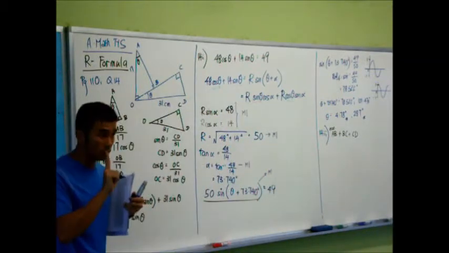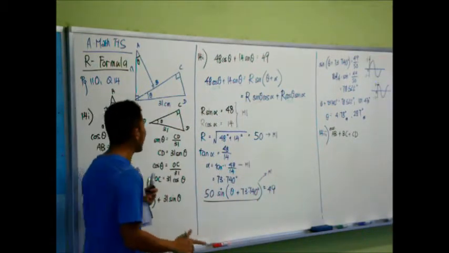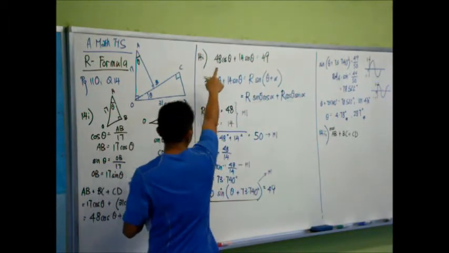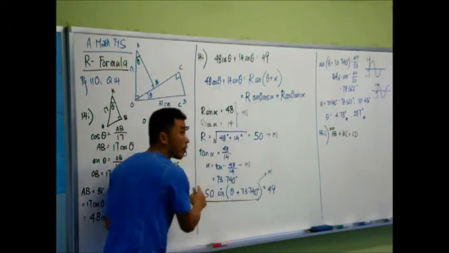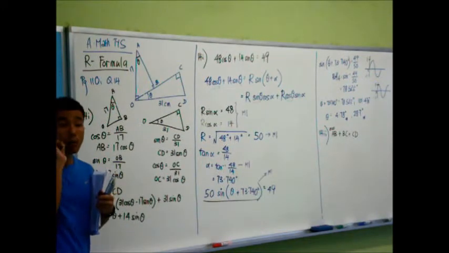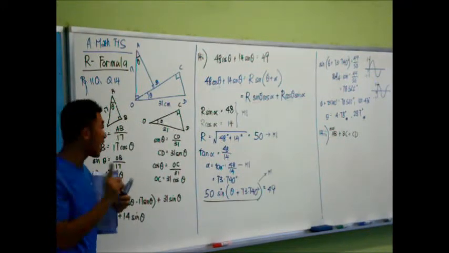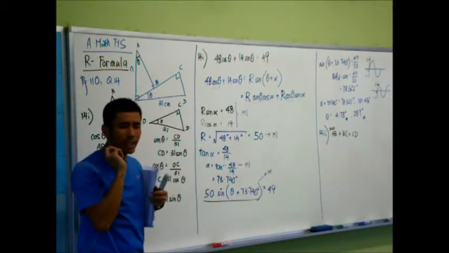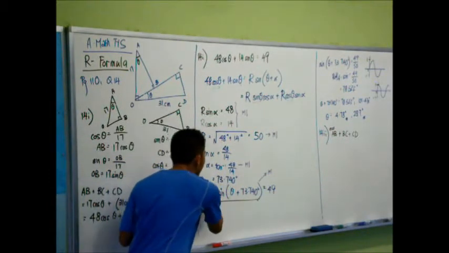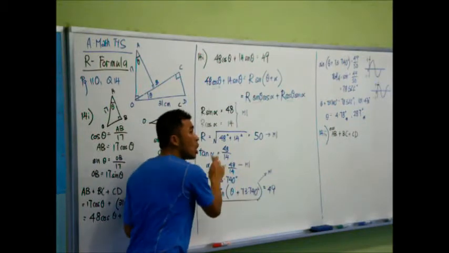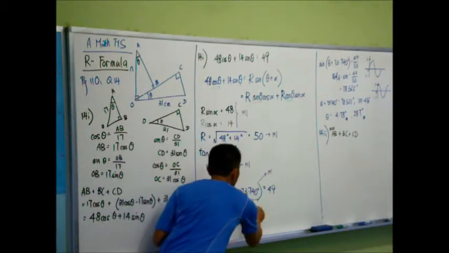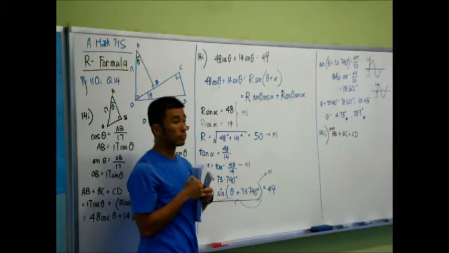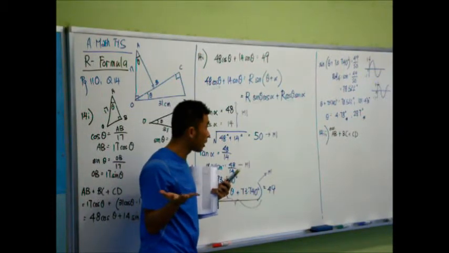We have done a good job in transforming your AB plus BC plus CD into the form of the R formula. So once they are transformed, we always use the answer from the R formula. Now, make a very easy guess. If we want the maximum value over here, do you want your sine to be 1, 0 or -1? The answer is clear cut, right?